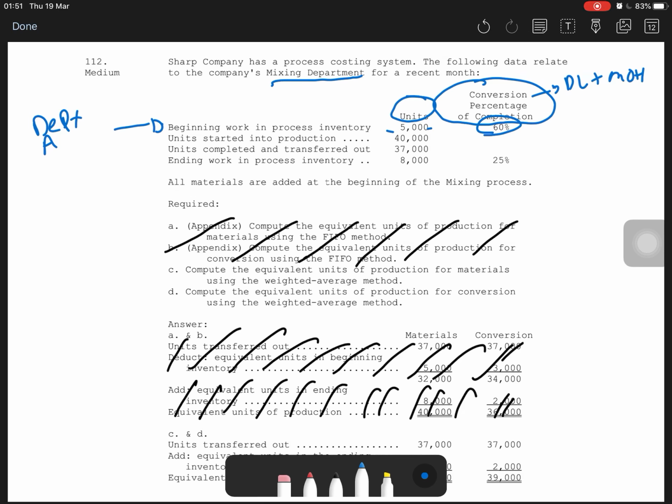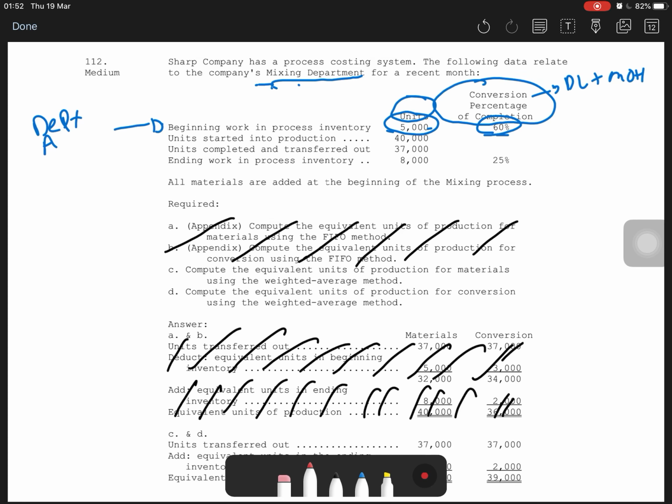So at this stage, when the work in process is coming from department A to the mixing department, there are 5,000 units there, but the conversion percentage is only 60%, not yet 100%, right? And then we have the units started into production, 40,000, and units completed and transferred out, 37,000.